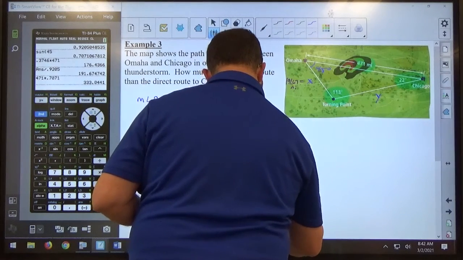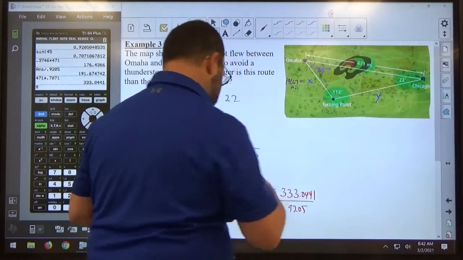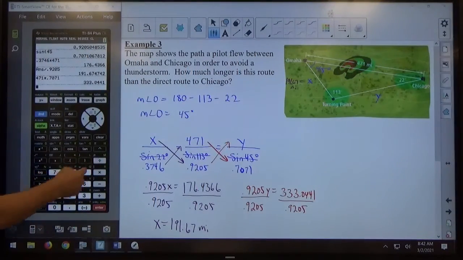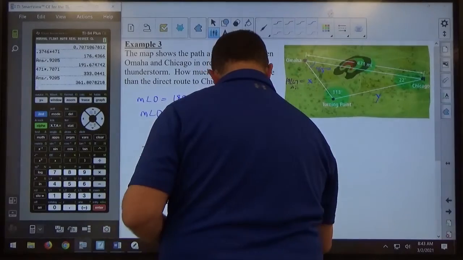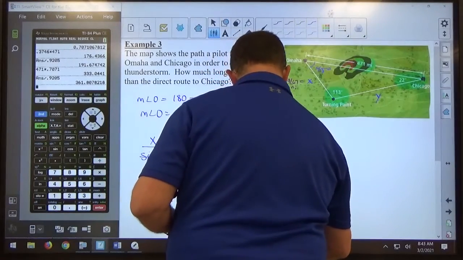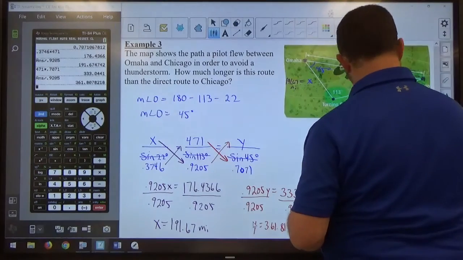Divide by 0.9205. And that comes out to y is equal to 361.81 miles. And that represents this distance, 361.81 miles.